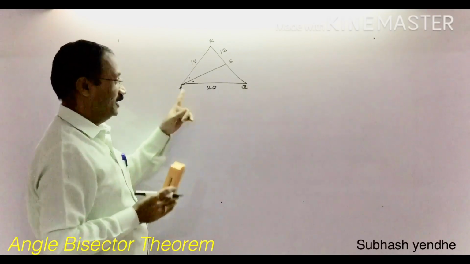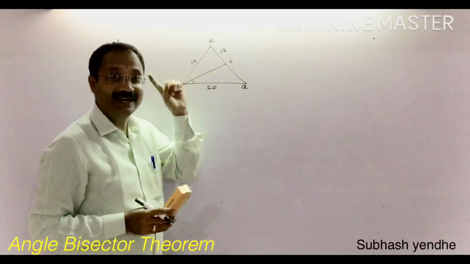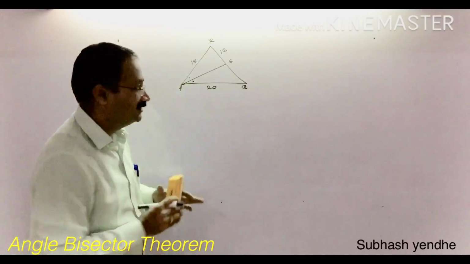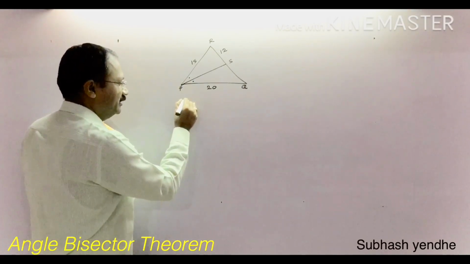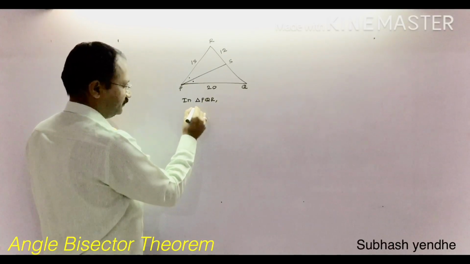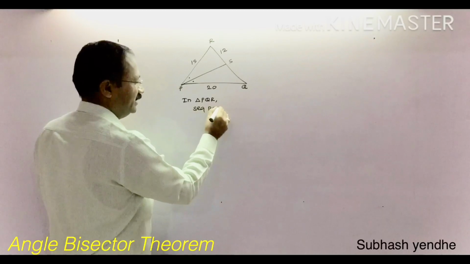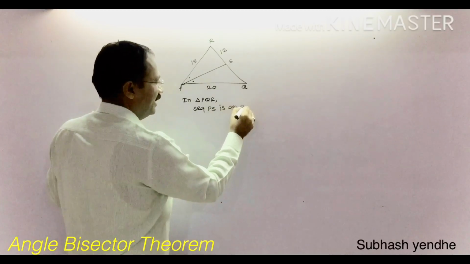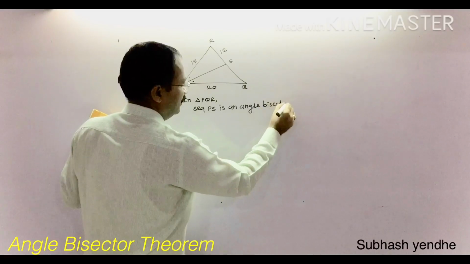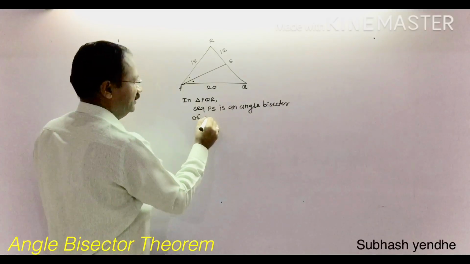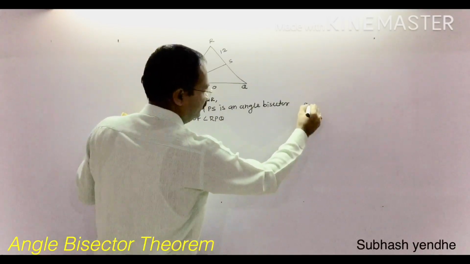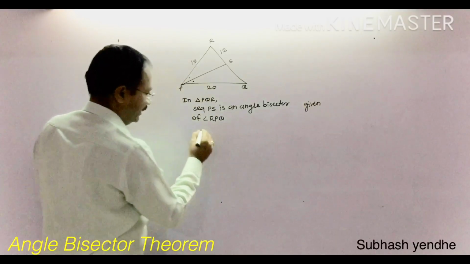So I know the point that PS is an angle bisector. Therefore I am going to use the angle bisector theorem. So what do you have to write? In triangle PQR, segment PS is an angle bisector of angle RPQ. Give the reason: this is given.